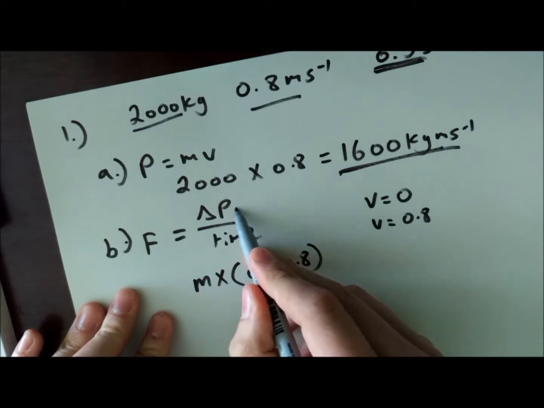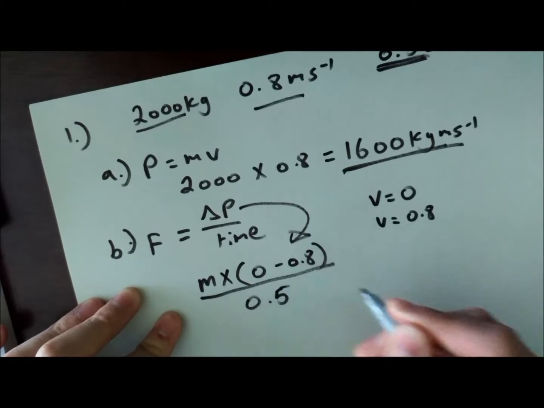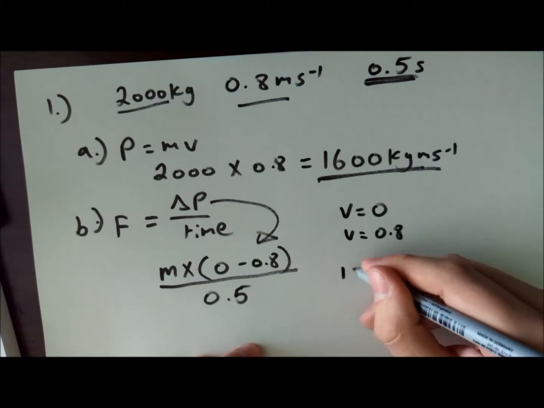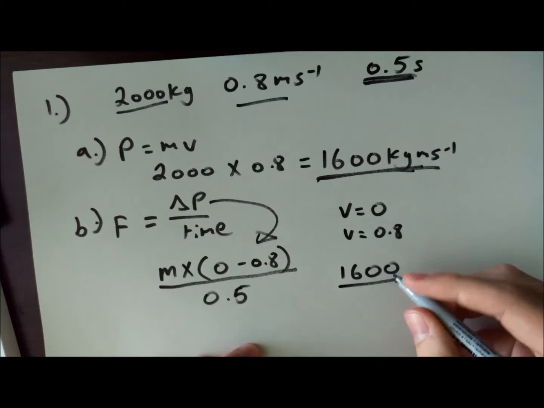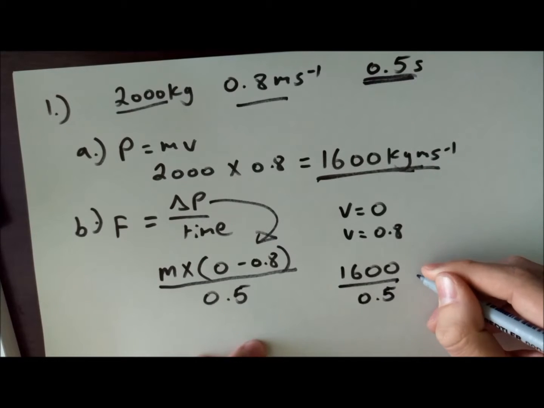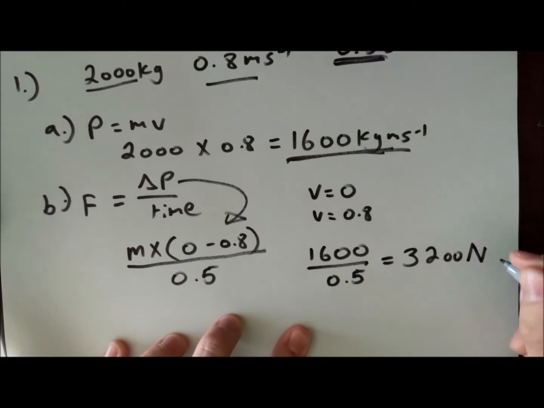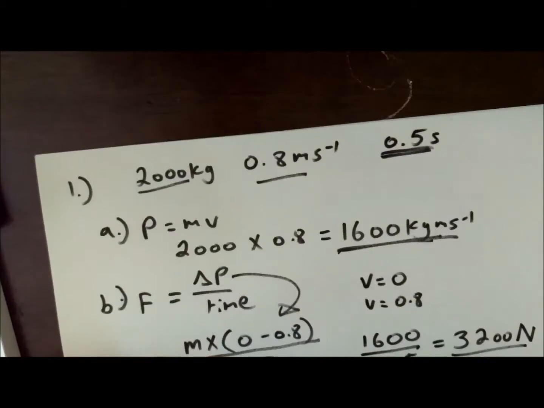So that's the top, that's change in momentum. And we divide this by 0.5. This will give us 1,600, same answer there, divided by half second, which equals 3,200 newtons. Nice and simple. Let's move on to the next one.